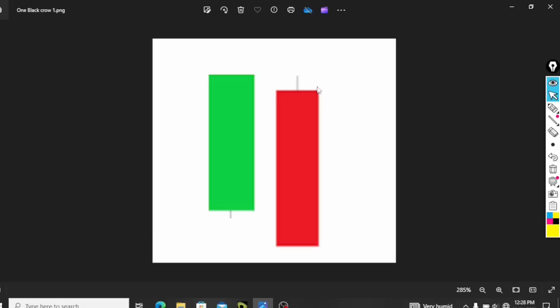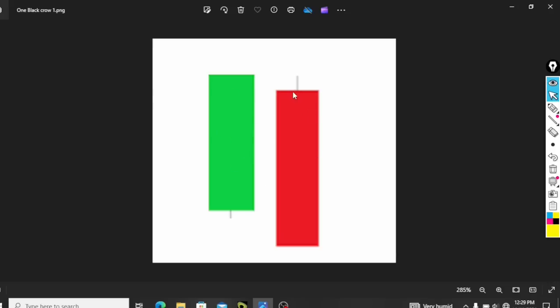One black crow, by way of definition, simply means a bearish candle that opens below the close of the previous day candle, and actually closes at the end of the day below the open of the previous day candle. So we call it a one black crow.